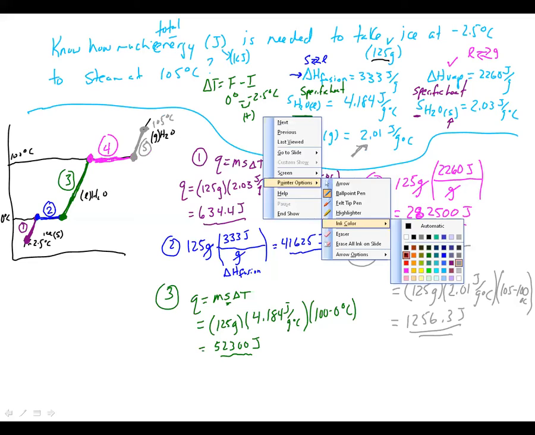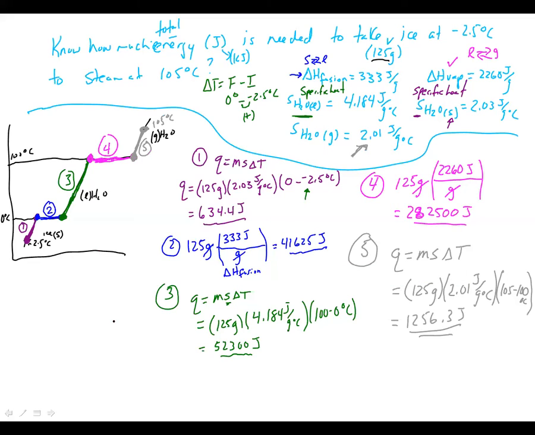In that case, our total energy is basically all the steps together. So step 1 plus step 2 plus step 3 plus step 4 plus step 5. I'm not going to rewrite each of the numbers, but I'm just going to take each of those steps and hopefully not miss any. 634.4 was step 1. 41625 was step 2. 52300 step 3. 282500 step 4.